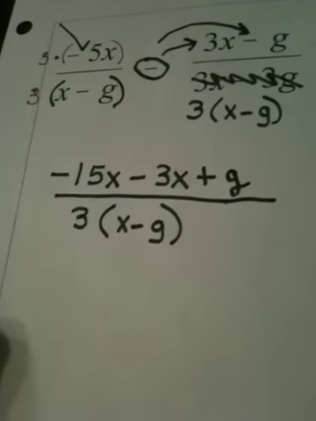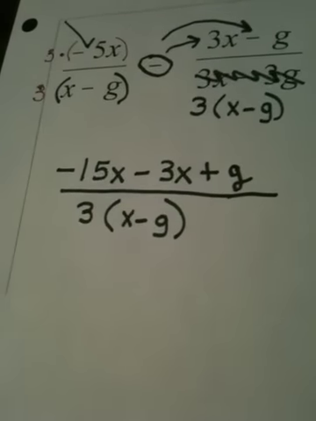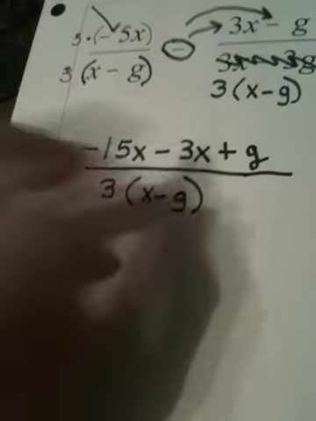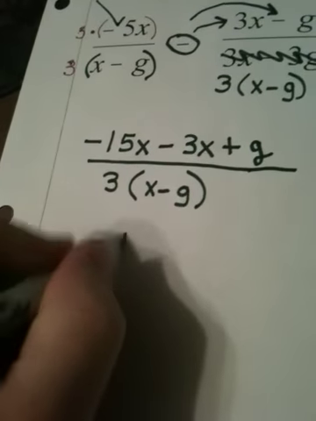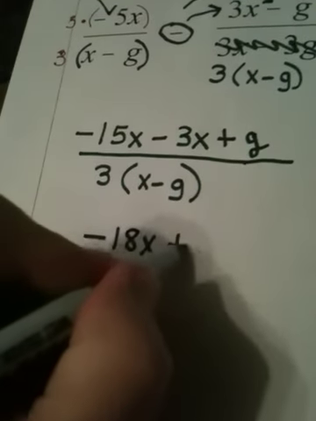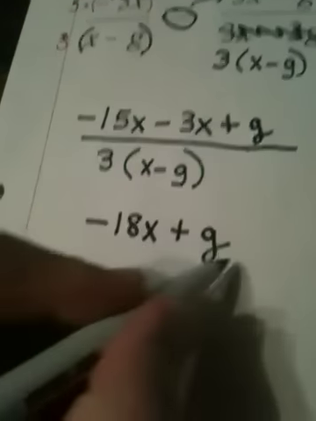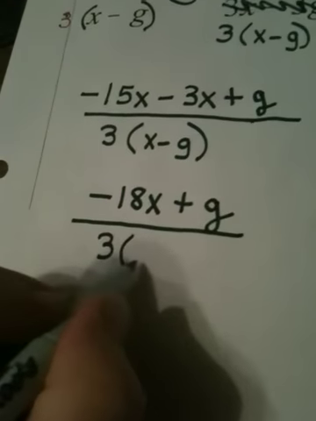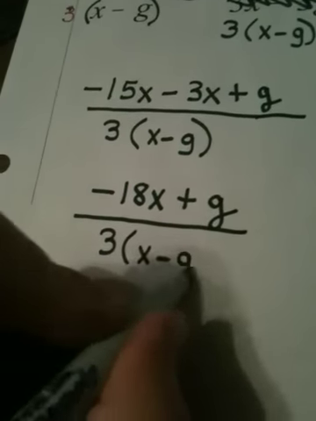Okay? When I collect like terms in the numerator, the negative 15x minus 3x is negative 18x. We have a plus g. And in the denominator, we of course have 3 and an x minus g.